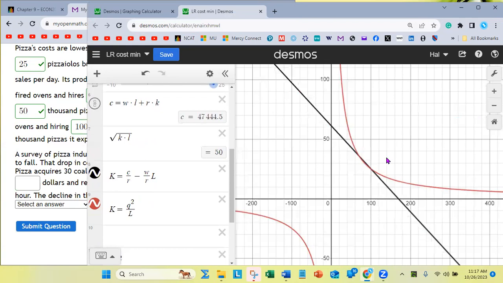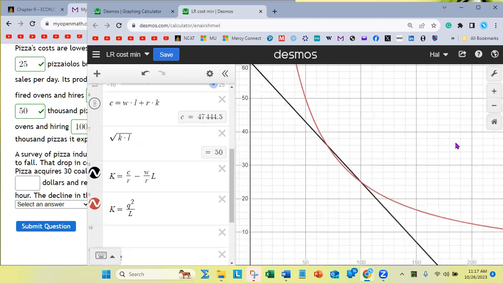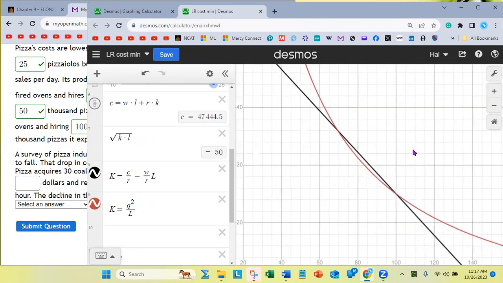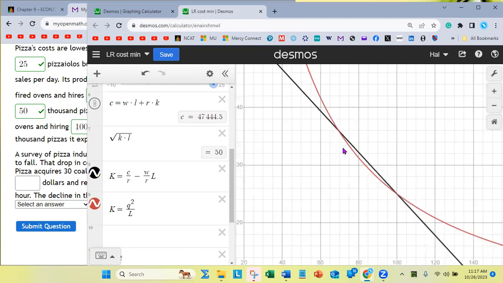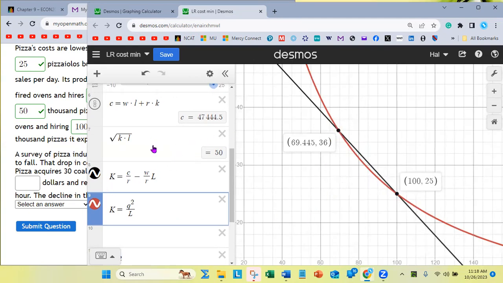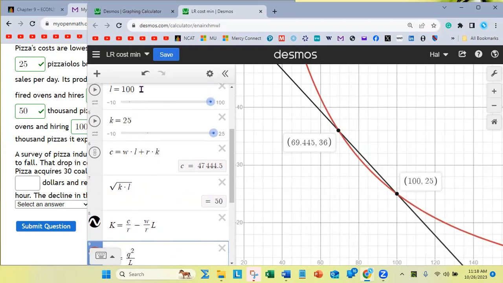Now, if I zoom in on this situation, you can see that my iso-cost line, the black one, now touches the isoquant in two places. What does that mean? Well, I can reduce my capital or my labor a little bit to lower cost.